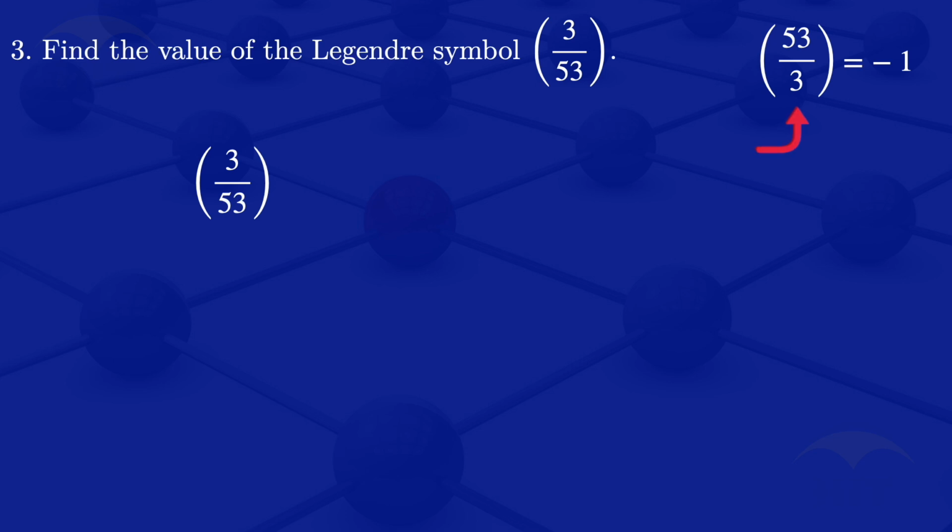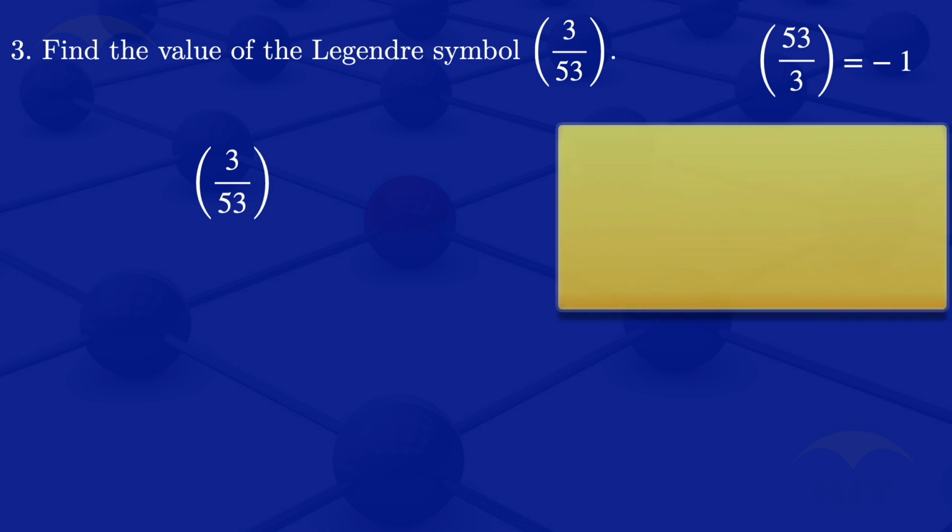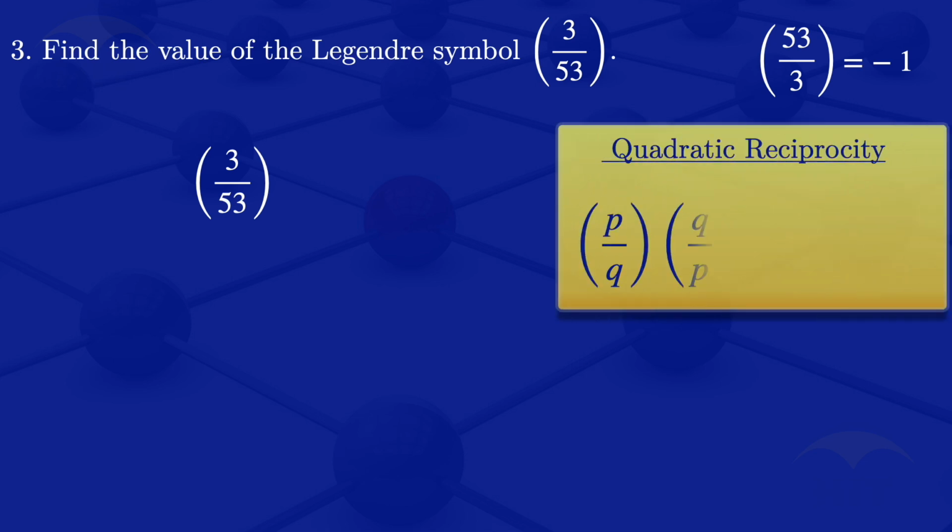So a shorter method would be to use the law of quadratic reciprocity, which says that the Legendre symbol p over q times the Legendre symbol q over p is equal to minus 1 to the power (p minus 1) over 2 times (q minus 1) over 2.